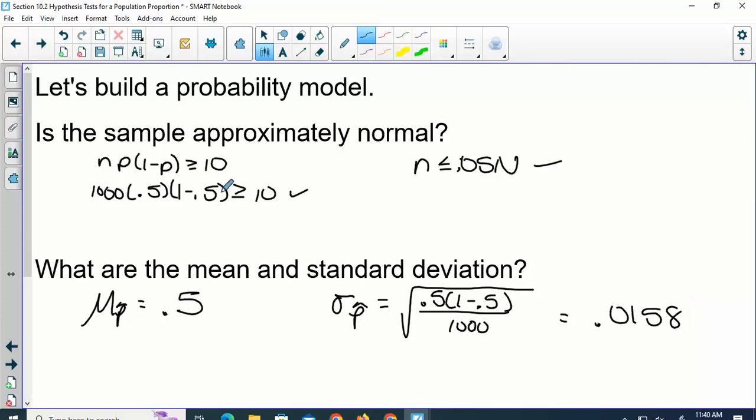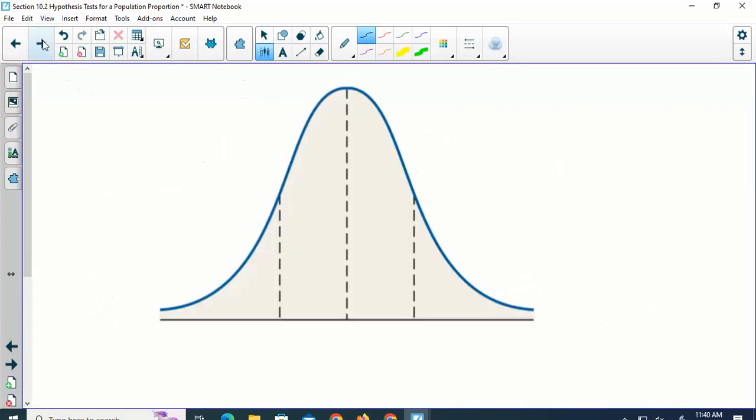Okay, and so if we think about what the mean and standard deviation mean. The mean is the center. If we know it's normal because it met our criteria, so approximately normal, the mean is the center. My standard deviation, what did we just say that was?